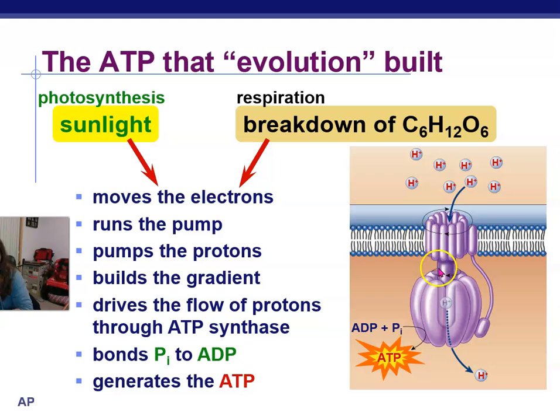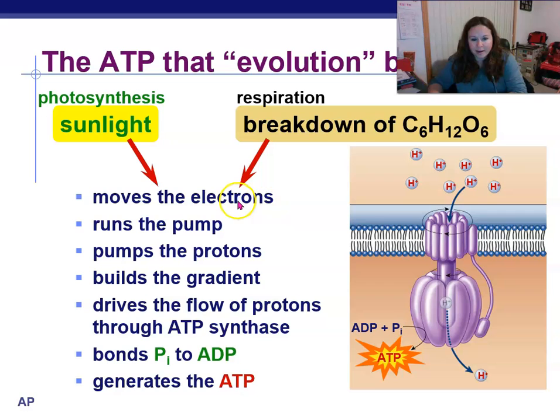All right, going back here to take a look at ATP synthase, the ATP that evolution built, right? So photosynthesis and respiration. Photosynthesis uses sunlight. Respiration breaks down glucose. Both of them involve moving electrons. So that's similar stuff there. Both of them run a pump. They pump protons.